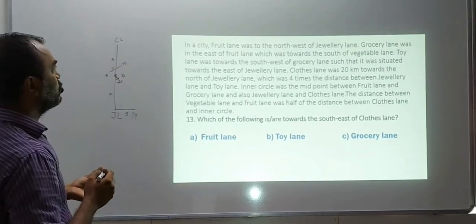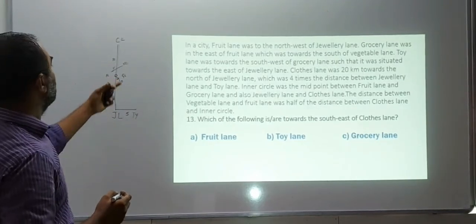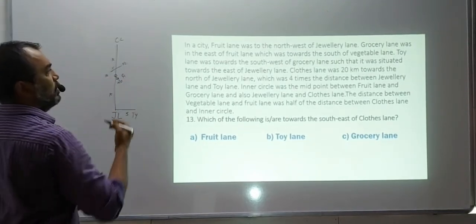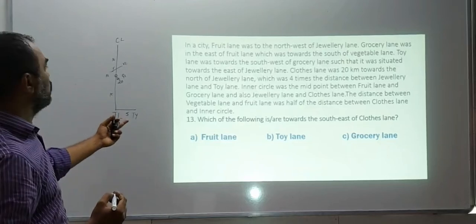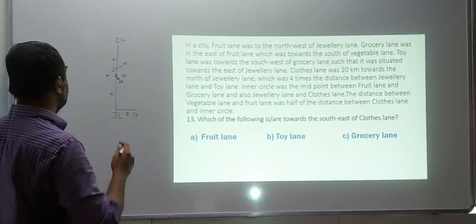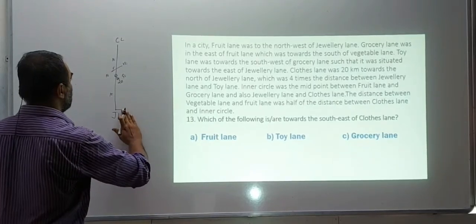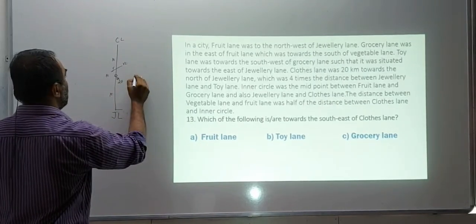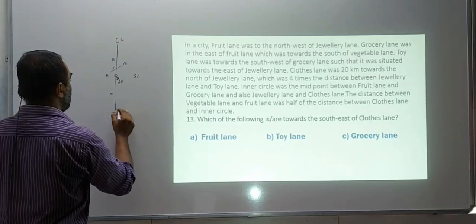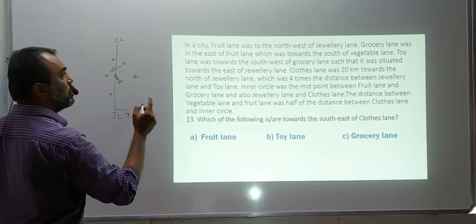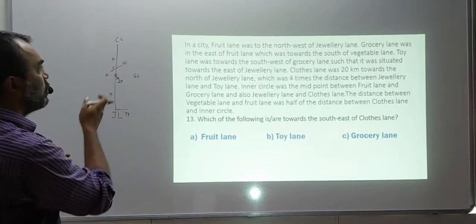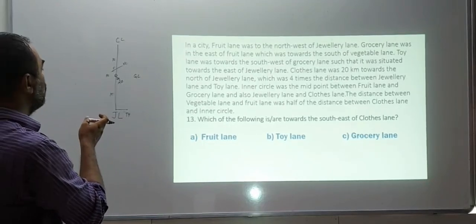Grocery Lane was to the east of Fruit Lane, but to the south of Vegetable Lane. Toy Lane was towards the southwest of Grocery Lane. So Toy Lane has to be to the southwest. So Grocery Lane has to be put a little outside, and the Toy Lane, because the Toy Lane is towards the southwest of Grocery Lane, it was situated towards the east of Jewelry Lane.